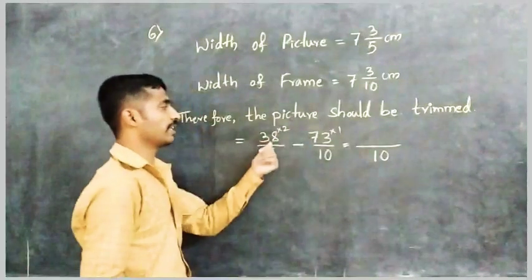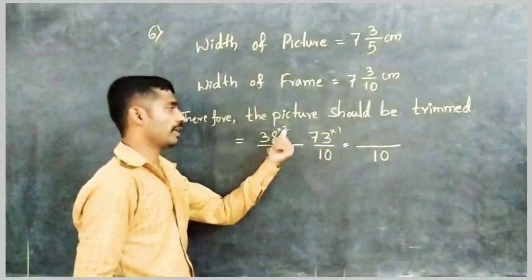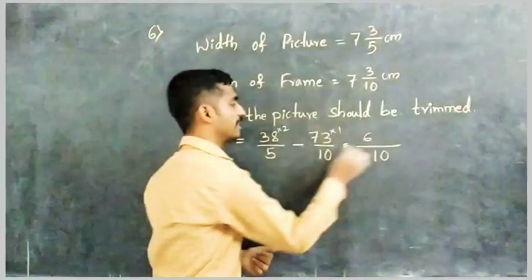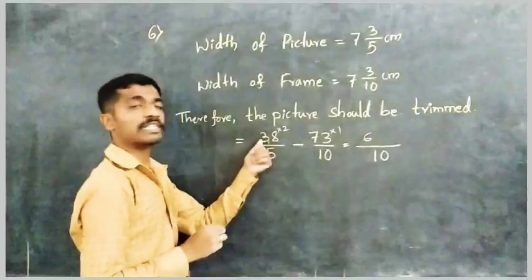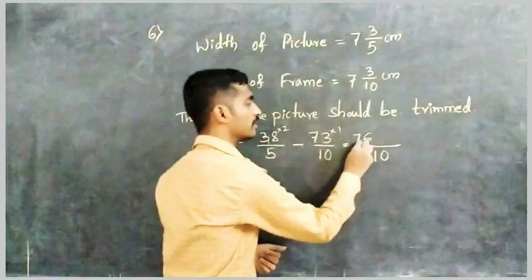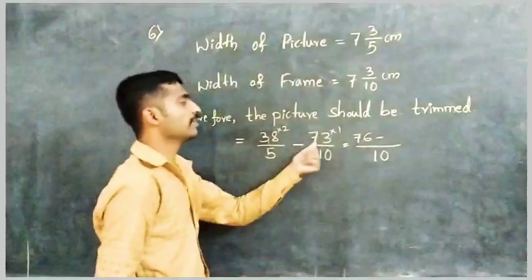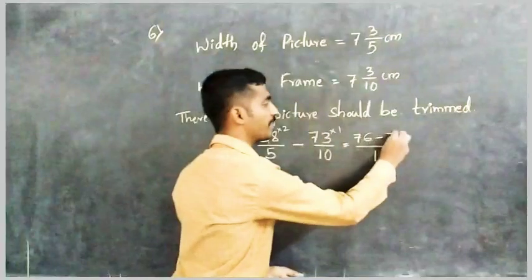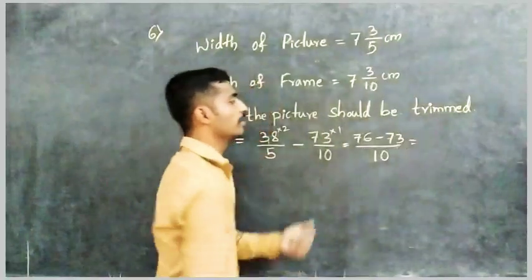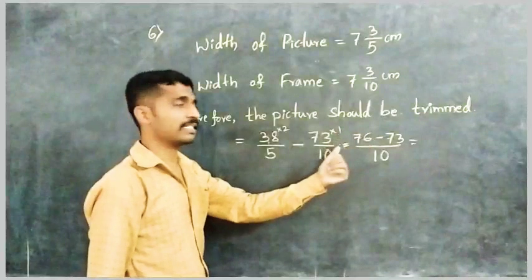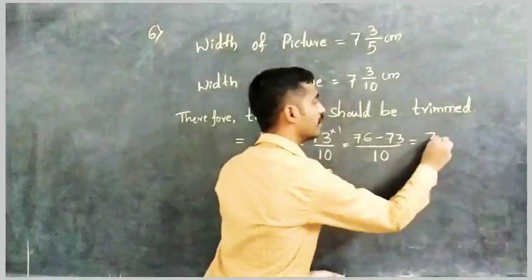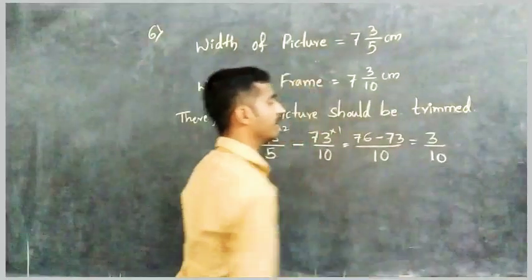So 38 2s are 76. 2 8s are 16, carry 1, 2 3s are 6, 6 plus 1 is 7. Minus 73 ones are 73. So 76 minus 73, you will get here 3 by 10.